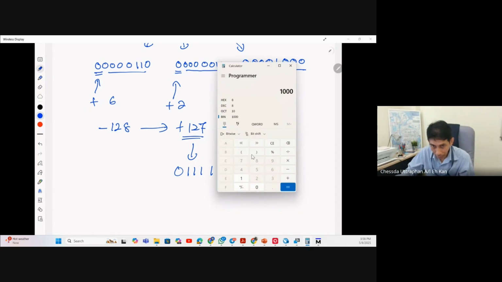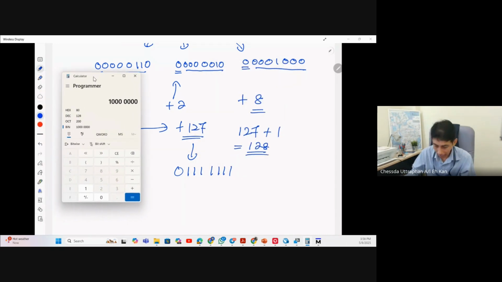If you change 128 to binary, this is the value, meaning that 1, 0, 0, 0, 0, 0, 0, 0. Again, you see the sign, negative. So this is wrong, meaning that you cannot represent +128 using 8-bit, out of range.